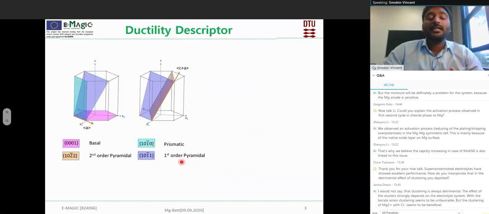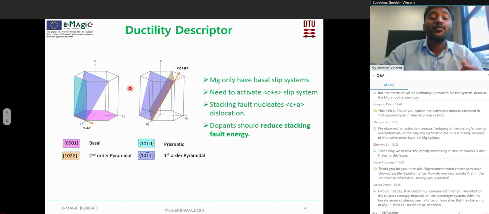For that, the first thing we have to study is the ductility. The main reason for the low ductility is the insufficient number of slip planes for deformation. Here you see the different slip systems available in HCP magnesium. At room temperature, only basal slip systems are available. But in order to accommodate strain along the c-axis, we need to activate the c+a slip system.